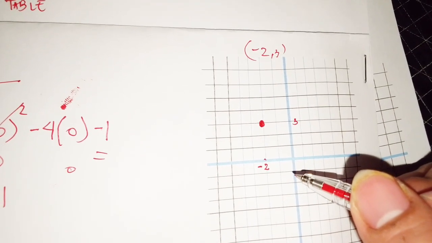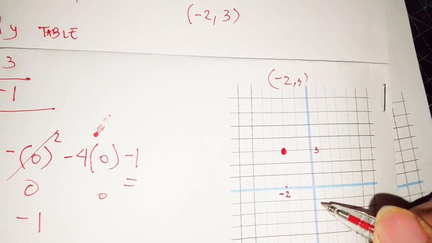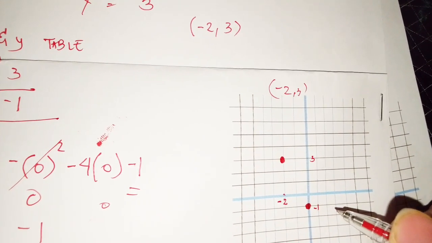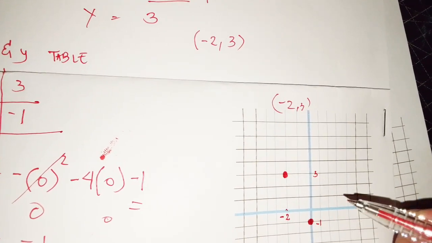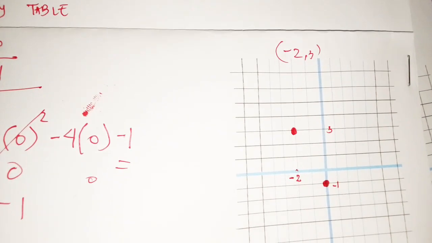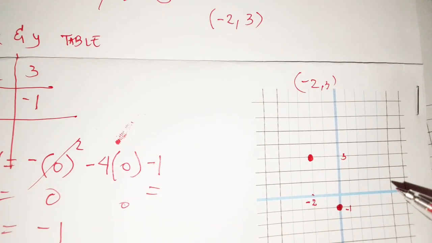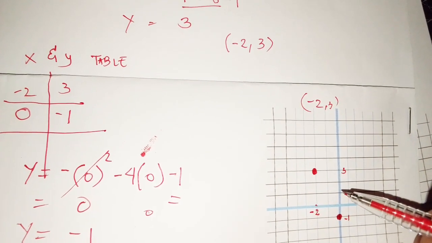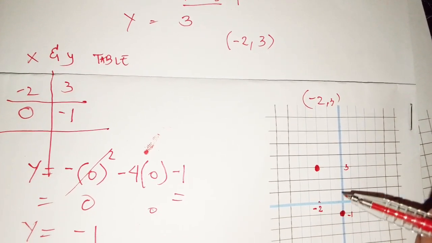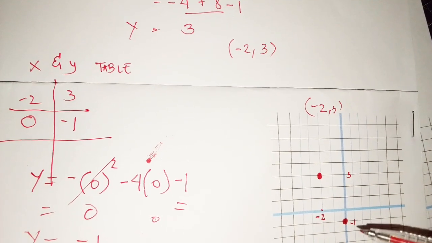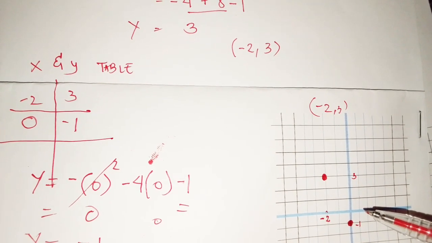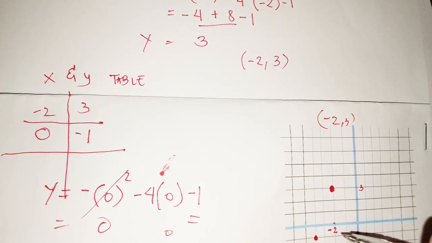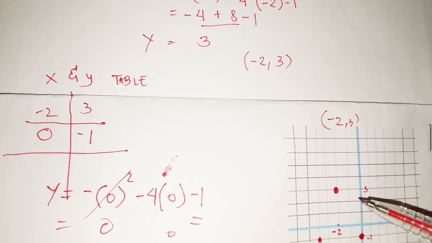So negative 1 is located in the down part, and this is located here, because 0 is the x and the y is negative 1. So it lies on the axis.